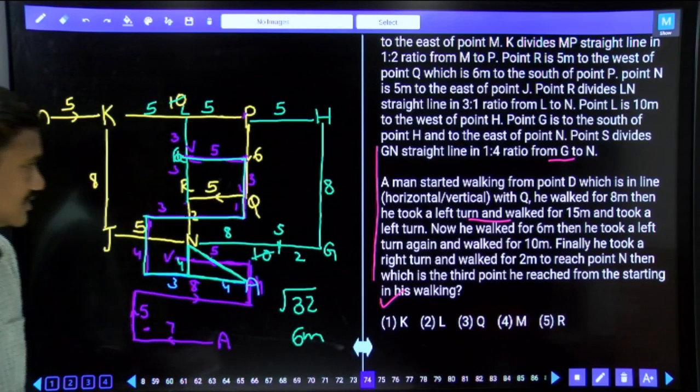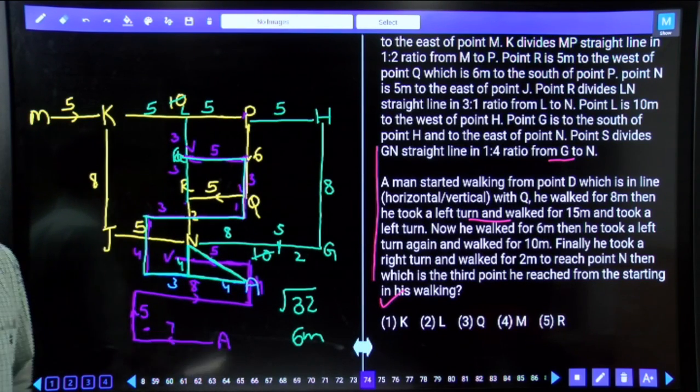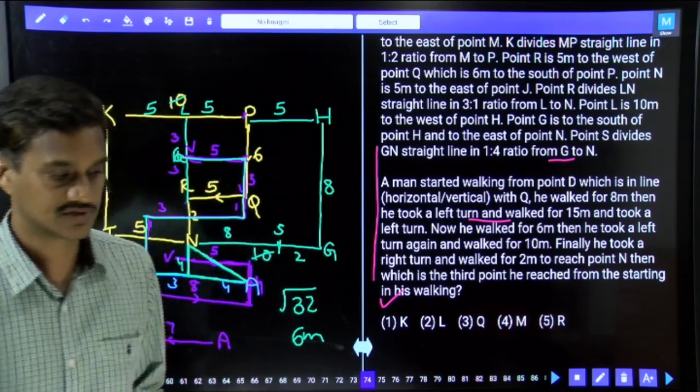Now in this 74, again this is also the same type of question. 74. Yes, make it fast.